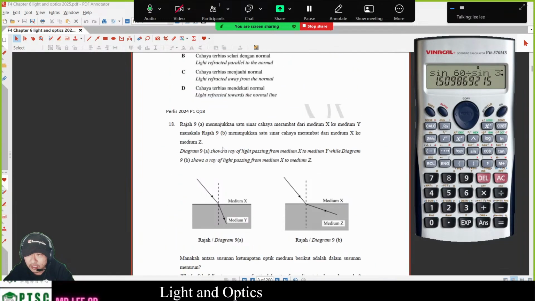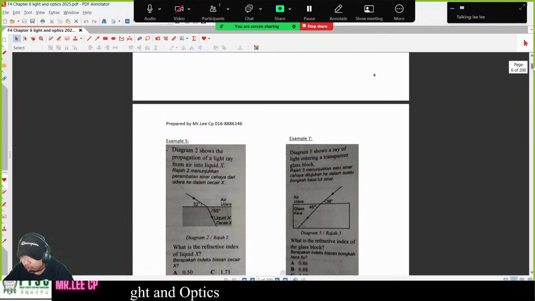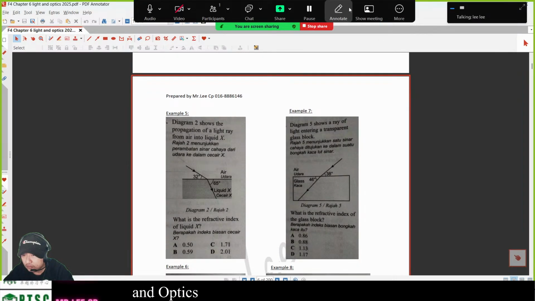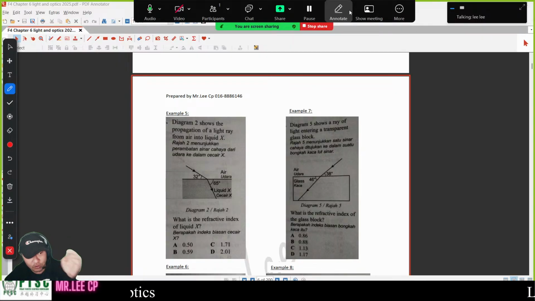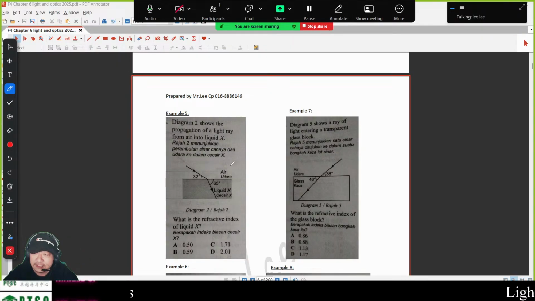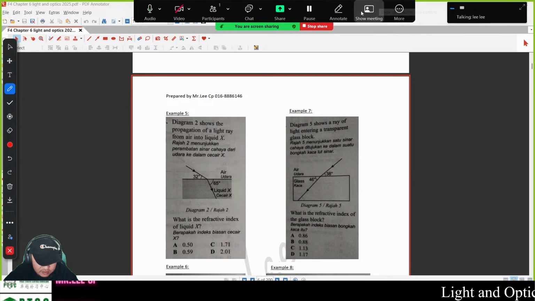When you do calculation, the most important thing is, for example in this question, you draw the normal line first.